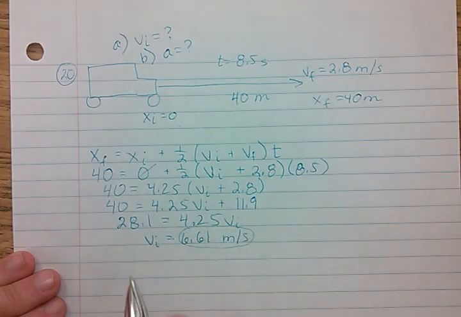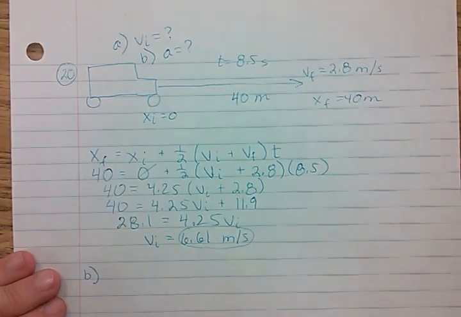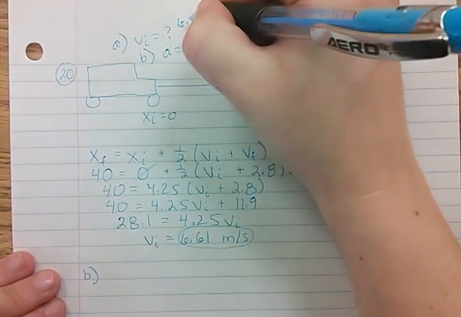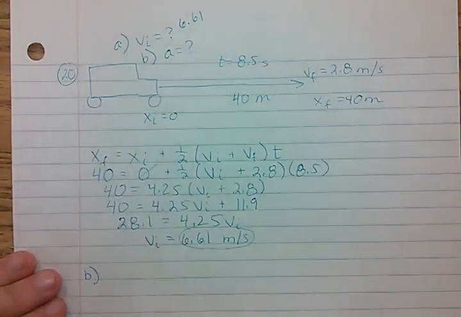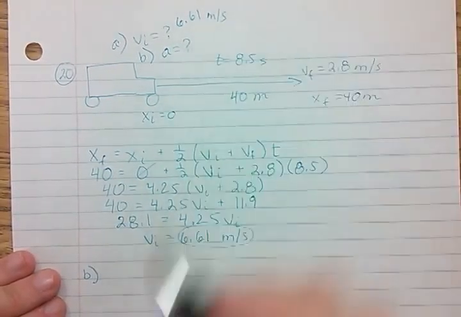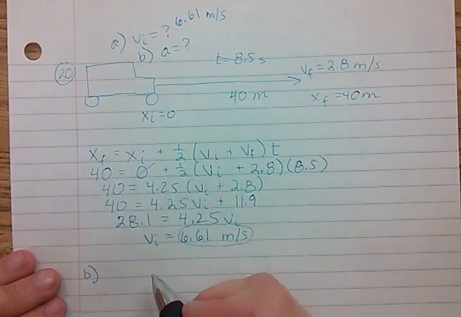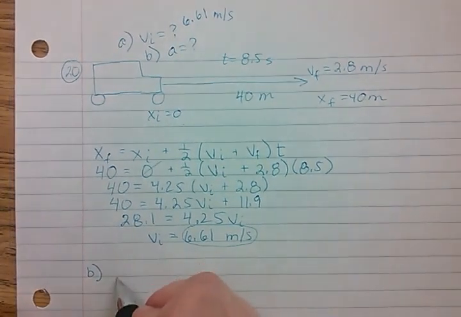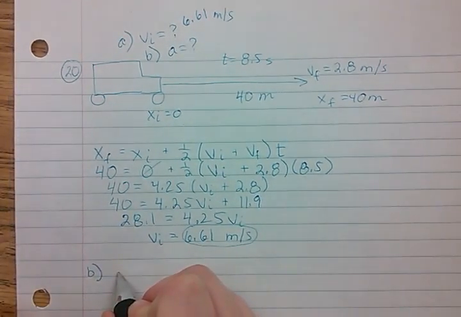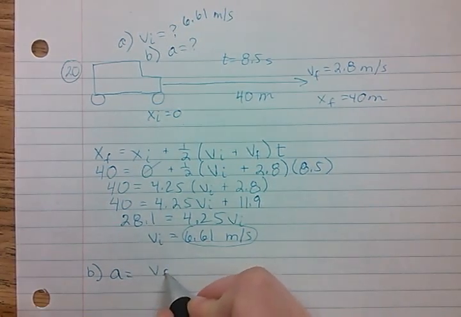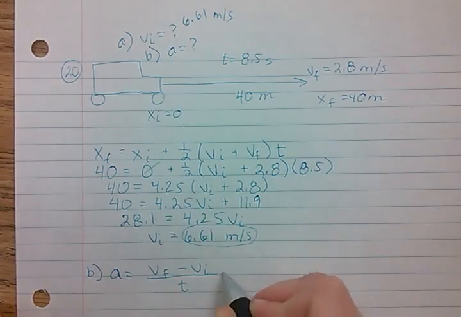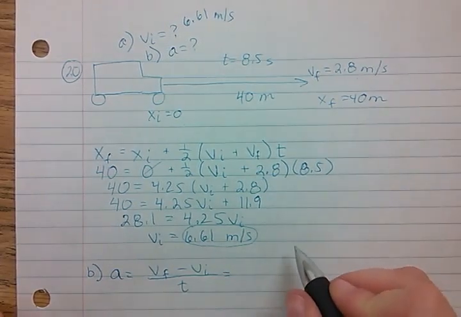Now part B asks us to find the acceleration. So we just found this, 6.61 meters per second. So it looks to me like we can just use our equation for acceleration. So A is equal to VF, so final speed minus initial speed, divided by time.